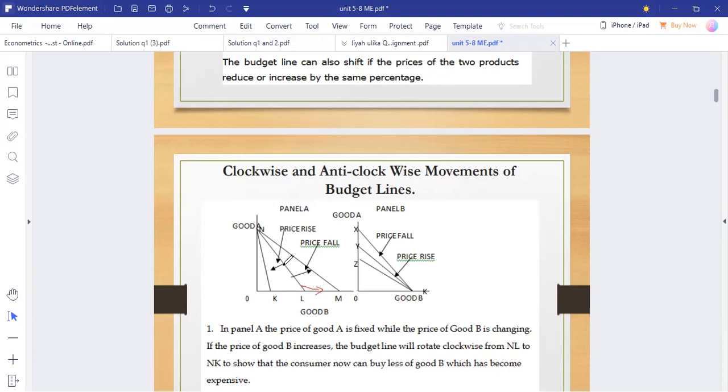If the price increases, you're going to demand less. So less for a rise, more for a fall. Similarly here, for the price of good y, if it falls, you demand more of it. If it rises, demand less of it. So these are the movements, clockwise and anti-clockwise, which I've already explained.